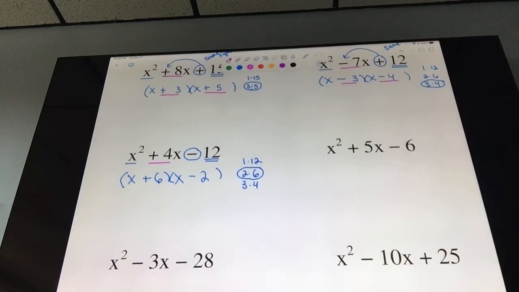So again, these two numbers, +6 and -2, should add to give me the +4. So when you're placing them, where you place them is important. If I want to get +4, the bigger number goes with the plus. If I want to do -4, then I would have put the 6 with the minus.